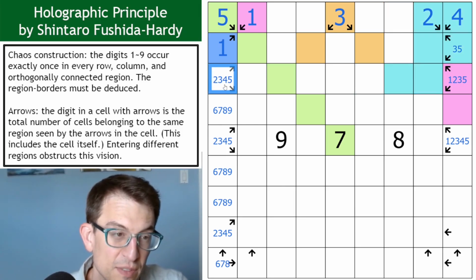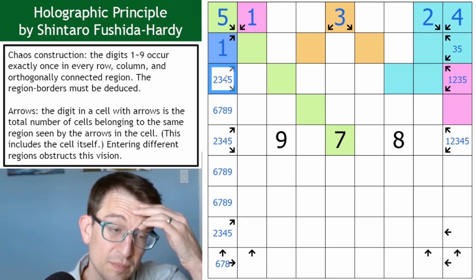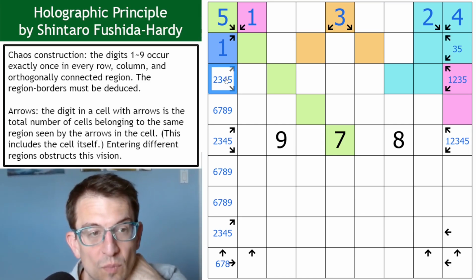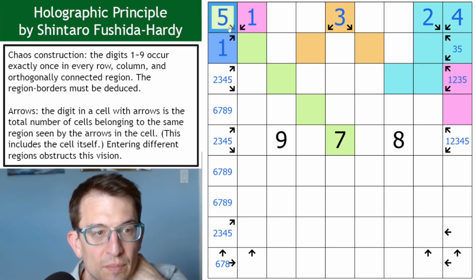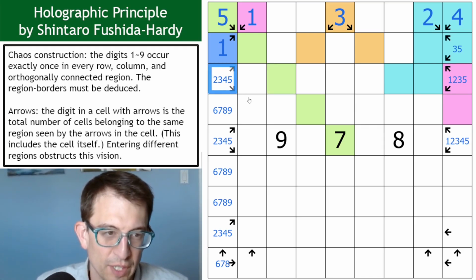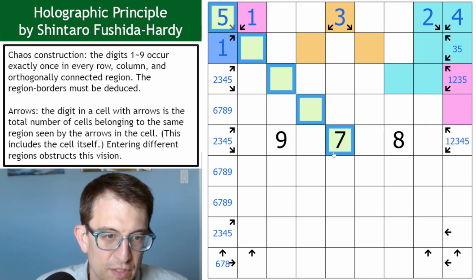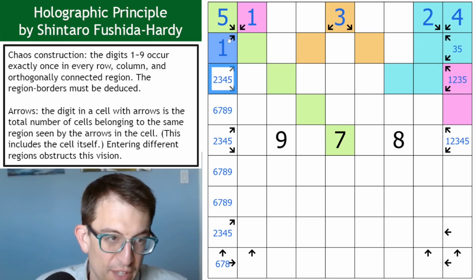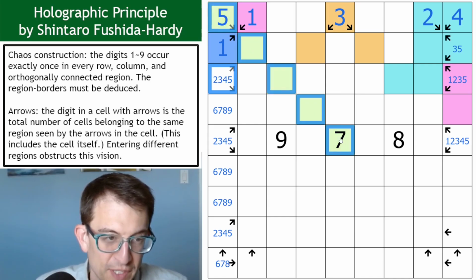Okay, but this now can't be green, because I already have 5 cells here that have to connect directly. So if this were also green, it just wouldn't work, because that would be 6.